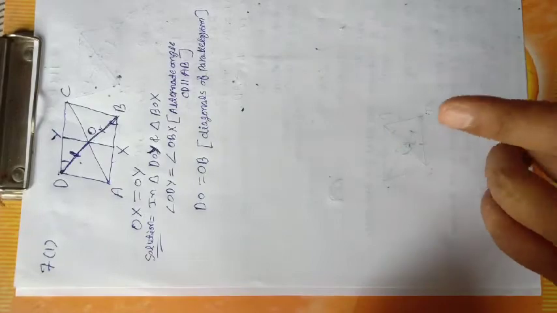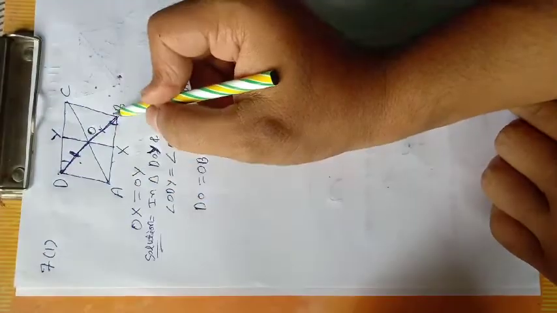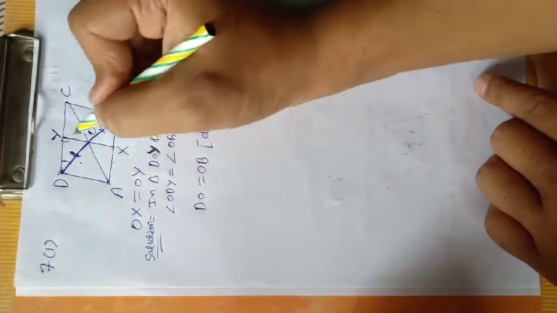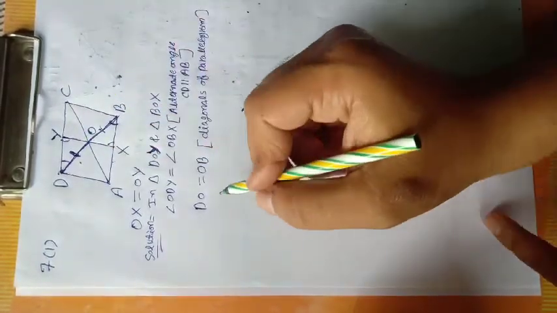Now the next one, CD is parallel to AB, XY is a transversal, so this angle and this angle are equal.